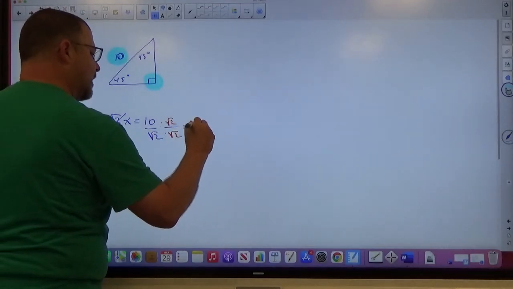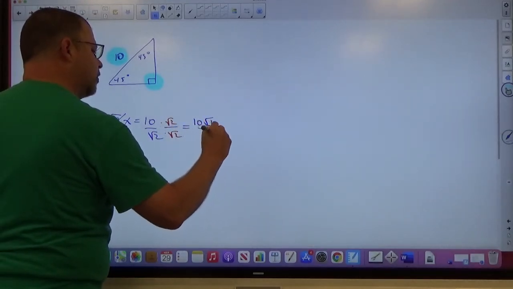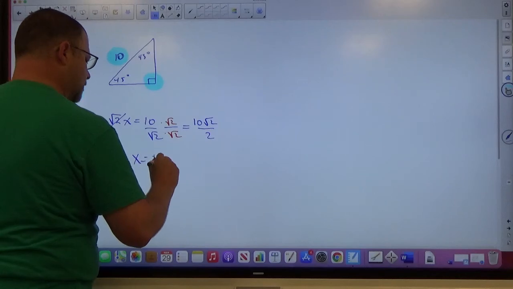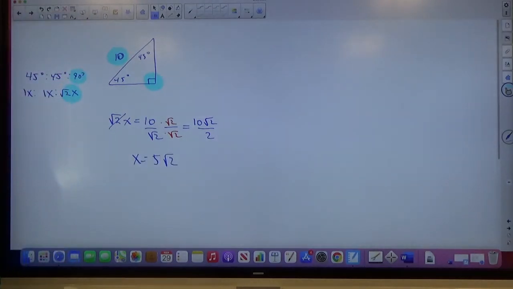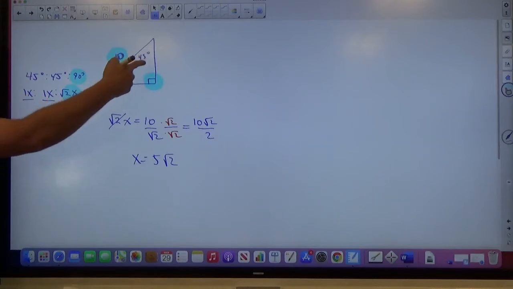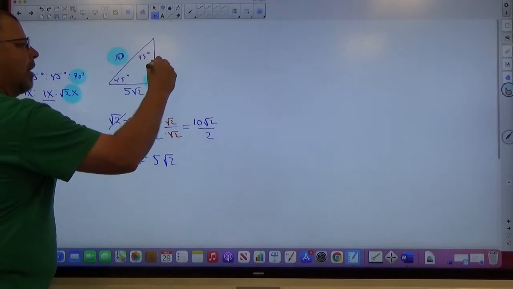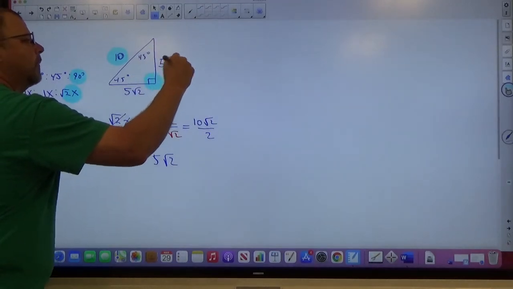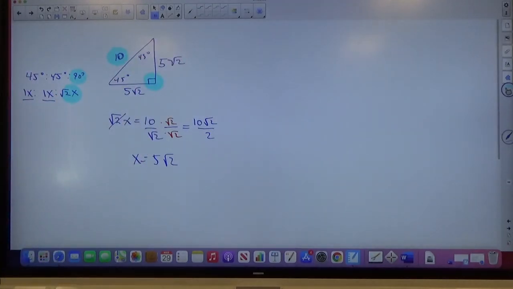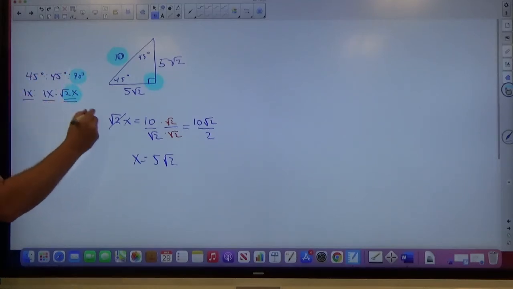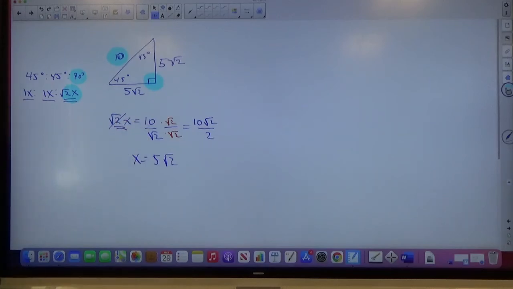That gets me 10 times the square root of 2 over 2, so x equals 5 times the square root of 2. 1 times x, 1 times x, that's the other two sides. So 1 times 5 square root of 2, 1 times 5 square root of 2. So whichever side you know in the ratio, just take that piece equals that number and solve for x, then you know what x equals.